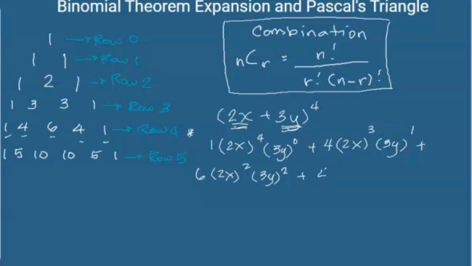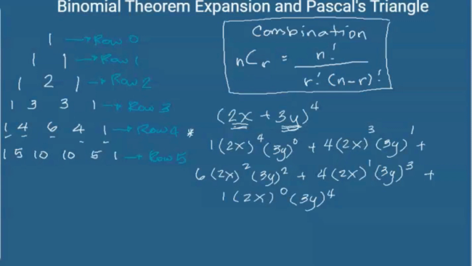Next term, binomial coefficient is 4 times 2x to the first power times 3y to the third power, plus last term, 1 times 2x to the 0 power times 3y to the fourth power.